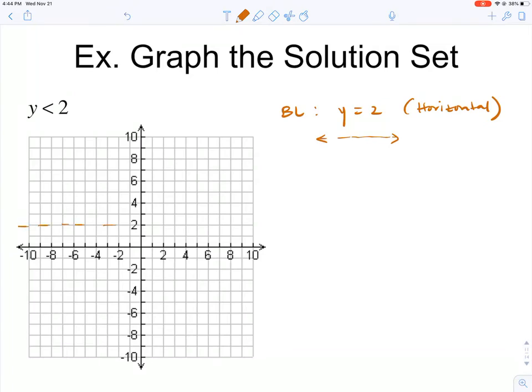So I'll graph my dashed boundary line at y equals 2. And then because y is less than 2, the shading will be below.